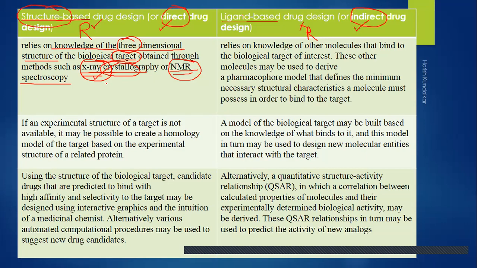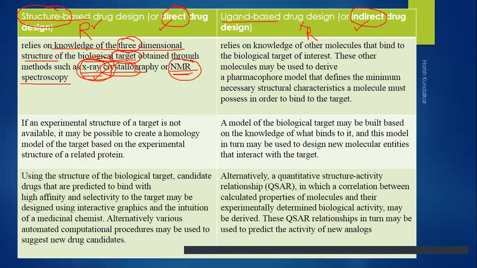It is so precise that we can even understand where the binding site is and how the intrinsic ligands are binding to the proteinaceous receptor. So X-ray crystallography is very widely used. There is a limitation that some proteins cannot be crystallized, and in such cases NMR spectroscopy is used.